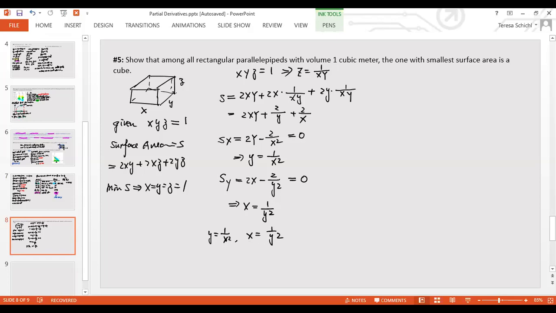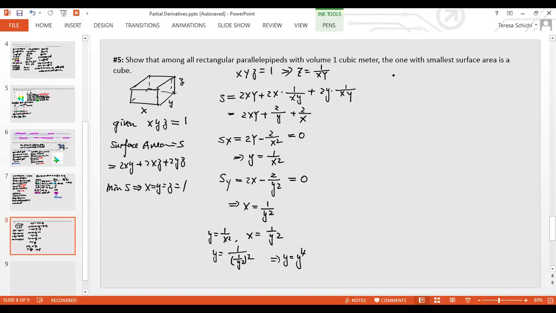So if you substitute and solve these equations, y is equal to 1 over x squared, and x is 1 over y squared, so it's y squared squared. So you have y equal to y to the fourth.